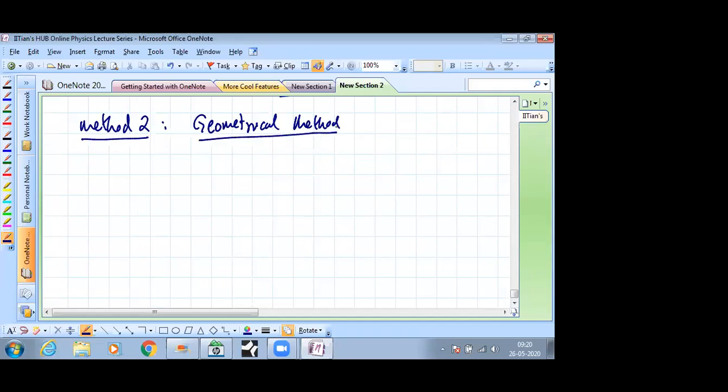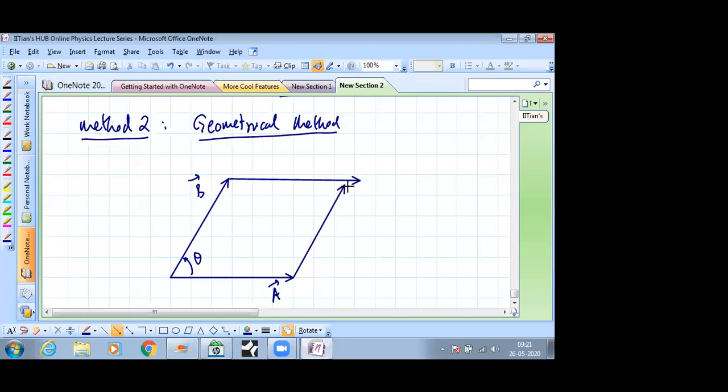Geometrically, when we discuss two vectors and their sum and difference, if the two vectors are making some angle with each other and we draw the vector parallelogram, these two vectors are A and B and the angle between them is some theta. So this becomes a vector parallelogram.